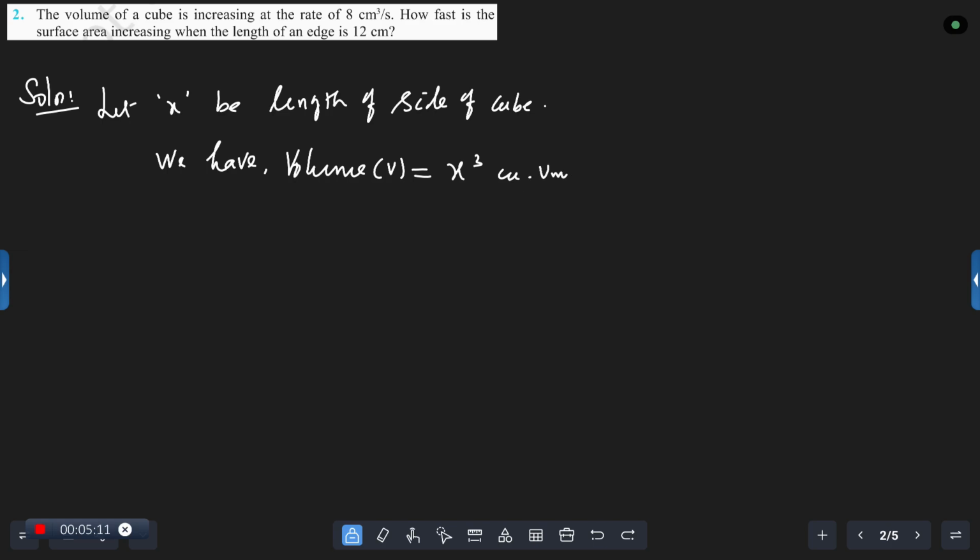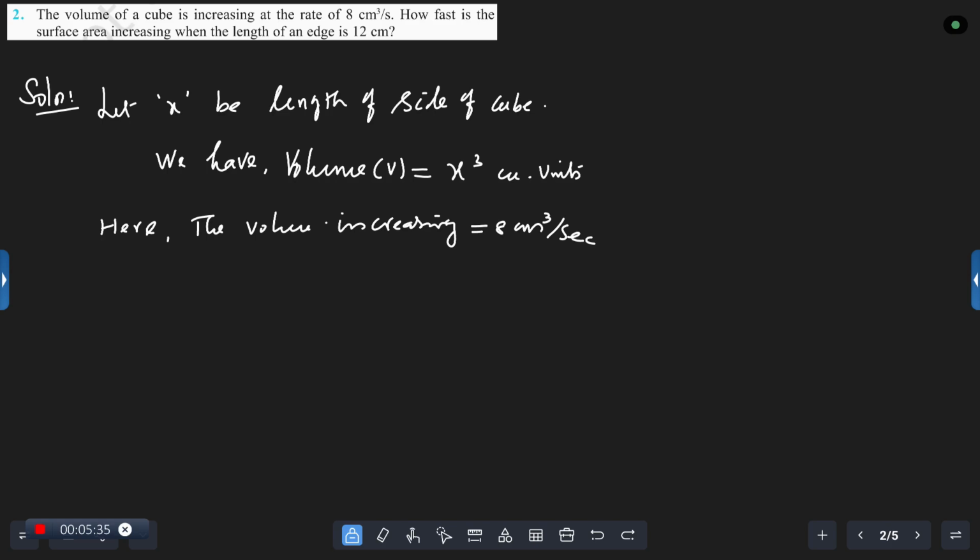Now here, what is given? The volume is increasing at 8 centimeter cube per second. Second means time.